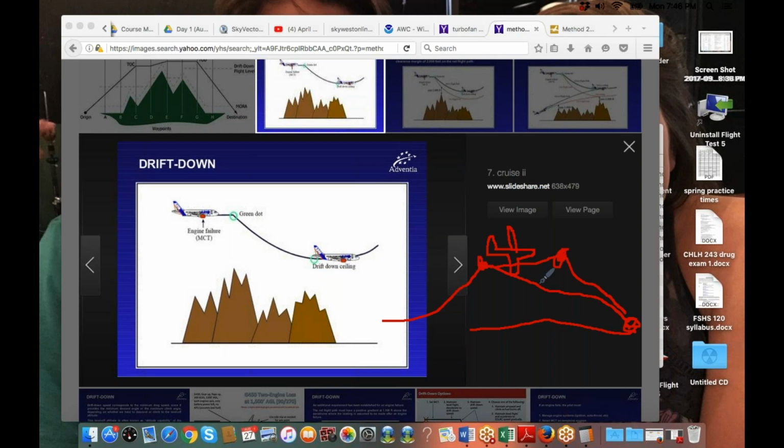So you've actually got to be able to use one engine to make it all the way back. And they do all their fuel planning based around that.